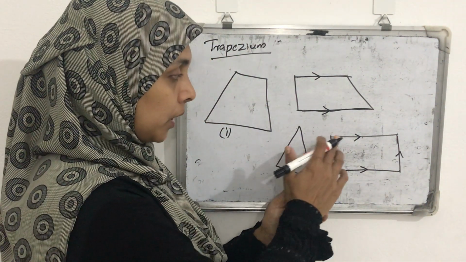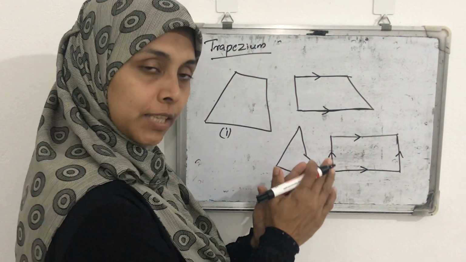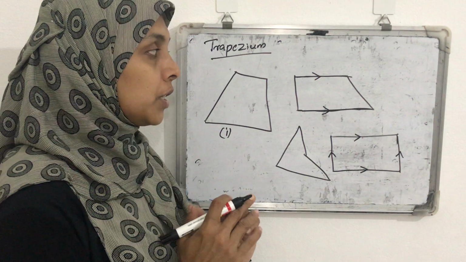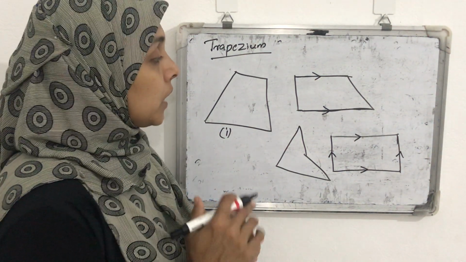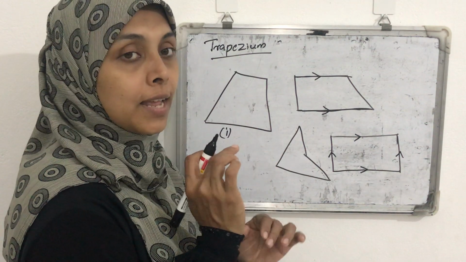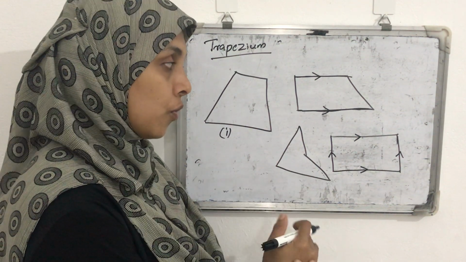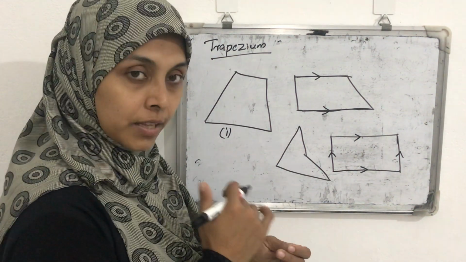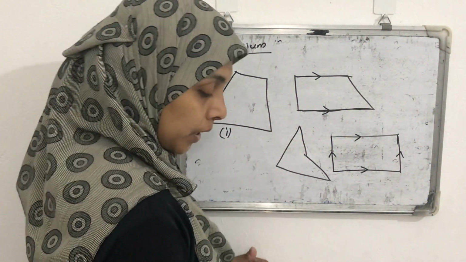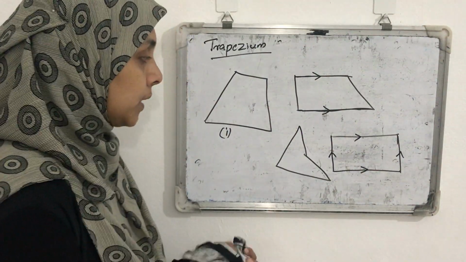So this is also included in the set of trapezium. So what is the main condition for a trapezium? It should have at least one pair of parallel lines. Then that type of quadrilateral we can call a trapezium. And different types of trapezium we can also discuss.